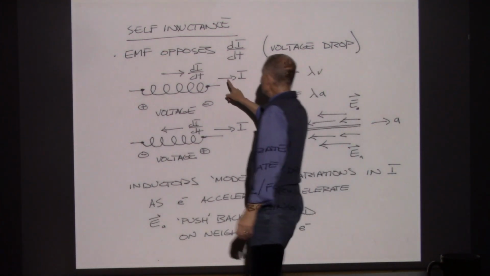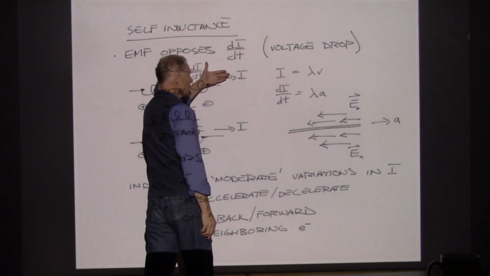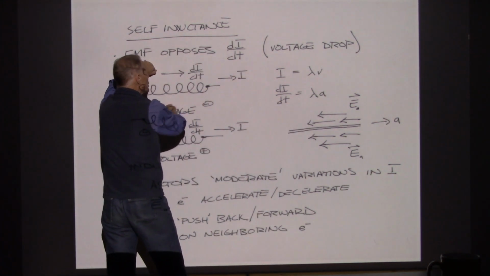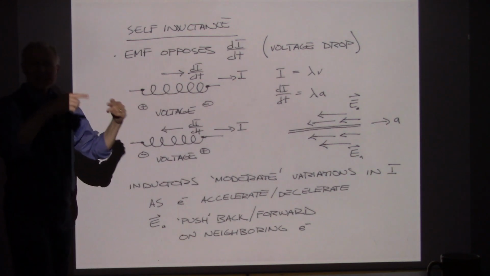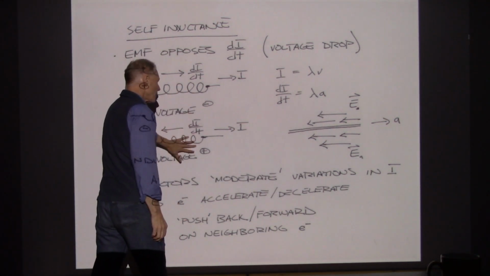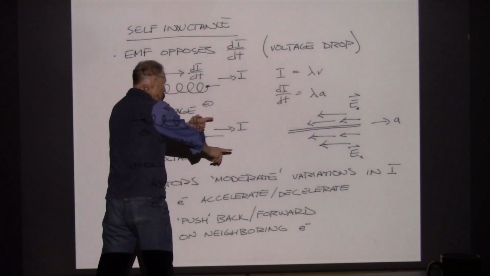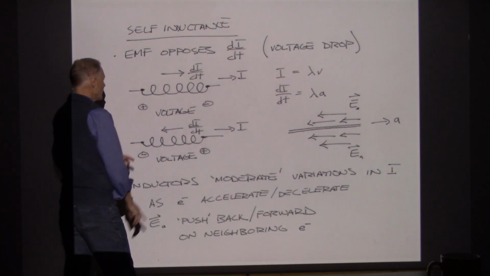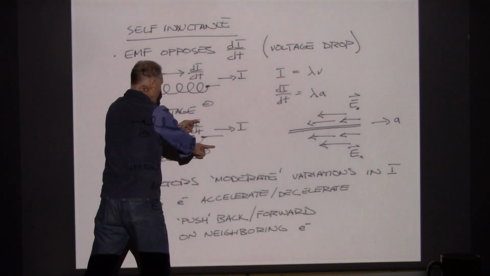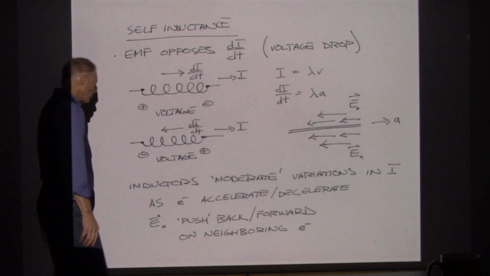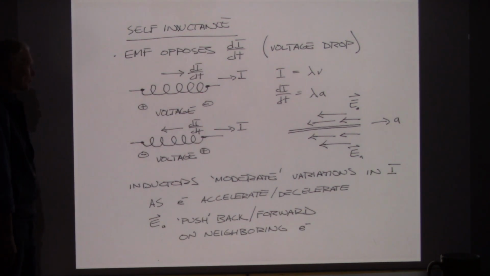Now, in this example, the acceleration was in the forward direction, which means the acceleration fields are opposite, which means they're going to work against increases in the current. Now, if the current's dropping off, then the electric fields that get generated again oppose the direction of acceleration. That means the electric fields generated are in this direction, and that helps to boost the current. So inductors moderate variations that are taking place in the current.